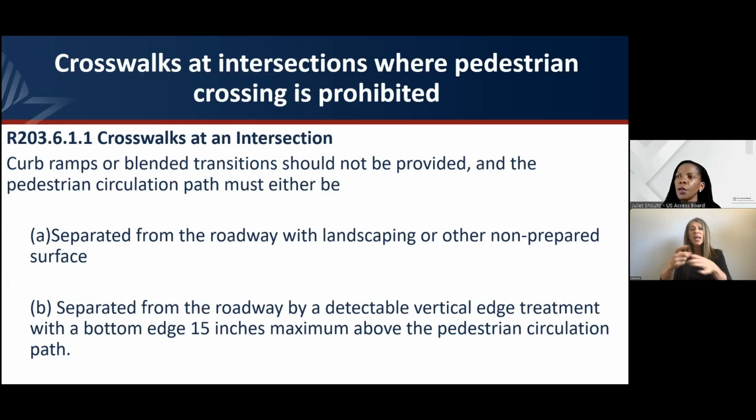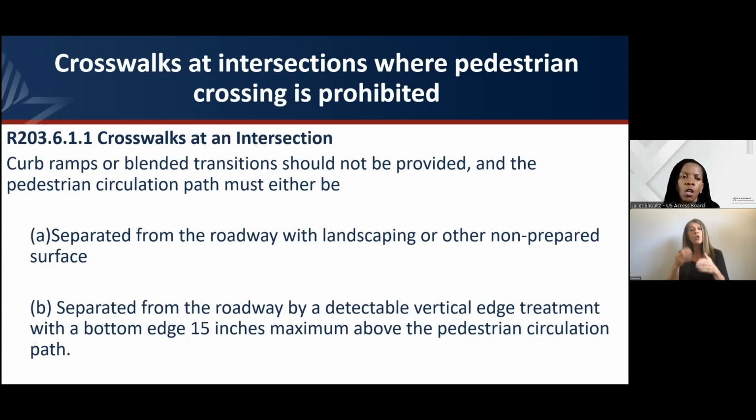It requires that curb ramps or blended transitions should not be provided, and the pedestrian circulation path must either be A, separated from the roadway with landscaping or other non-paved surface, or B, separated from the roadway by a detectable vertical edge treatment with the bottom edge 15 inches maximum above the pedestrian circulation path.